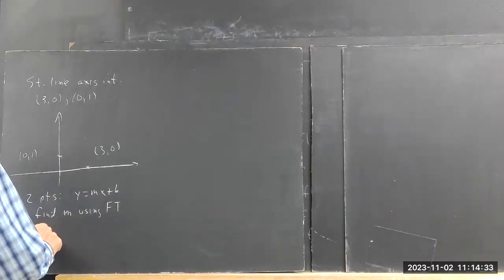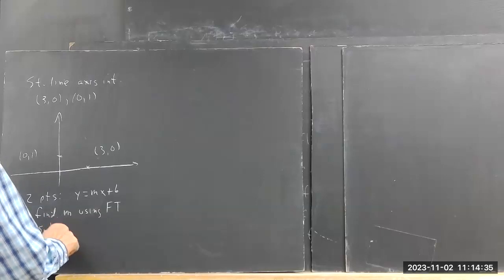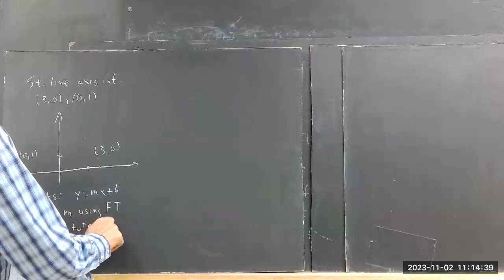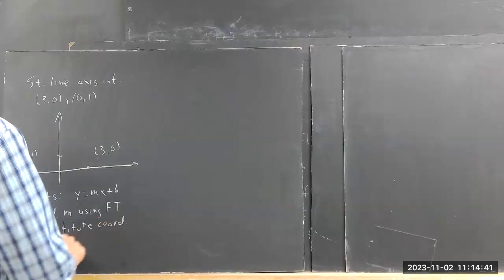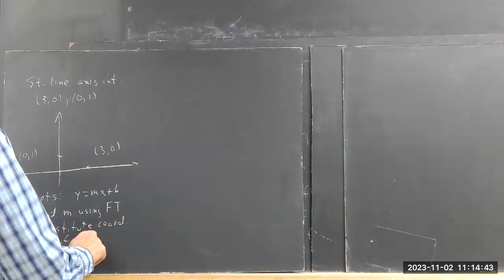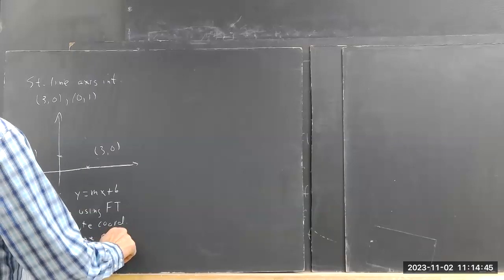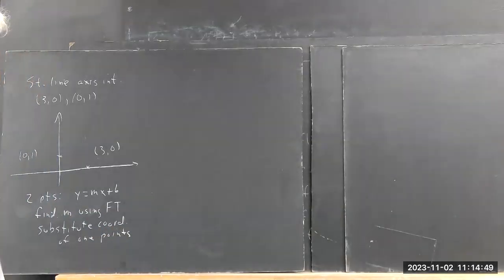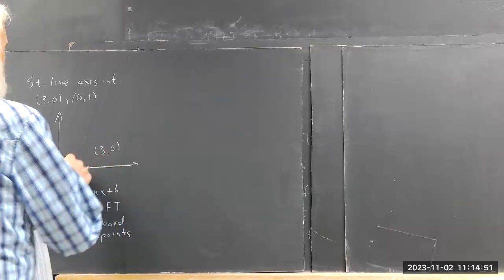And substitute the coordinates of one of the points. Okay, so what do we do? Slope.